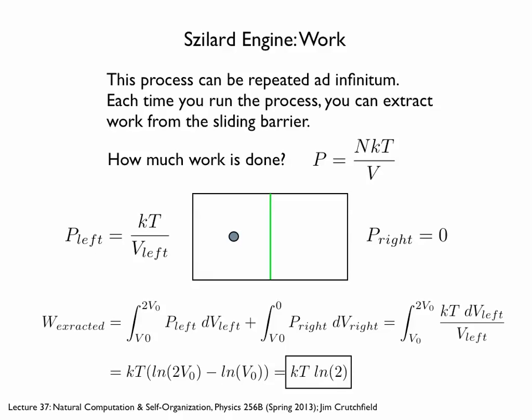So looking at this, it seems a bit like the problem's been massaged to get the kT ln 2 because we're going from V0 to 2V0. What if we went to 3V0 or 4V0? Then we'd get a different amount of work extracted. Right. But if you did that, you wouldn't necessarily be erasing a bit. We'll get to that later, but if your box was extended like 2 sections to the right, your probability of measuring on the left section and the right section would not be equivalent, so your stored information would not be the same.